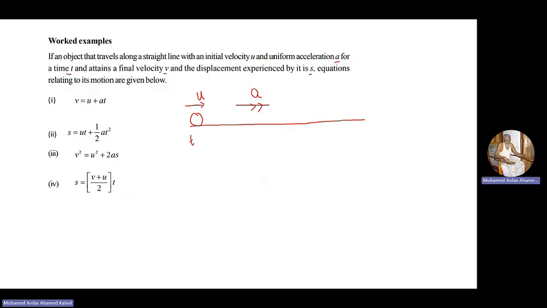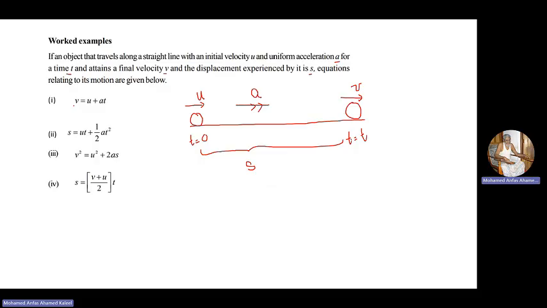Let's say this is at time equal to 0, and when the time is equal to t, the object reaches the final velocity v. This displacement is s. This is a simple illustration of that sentence.